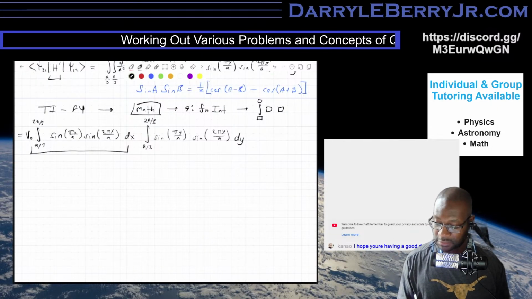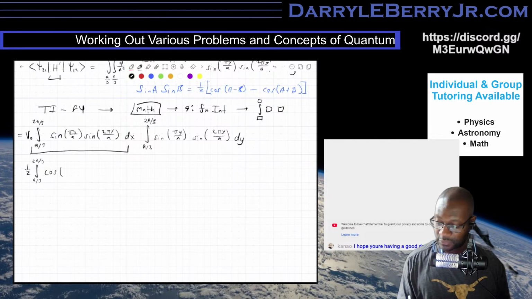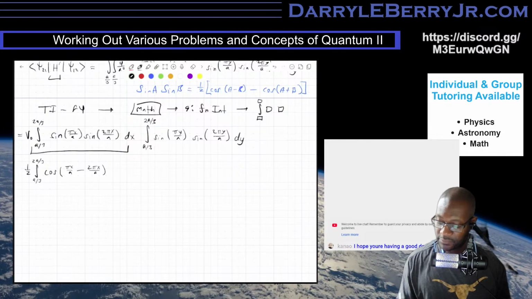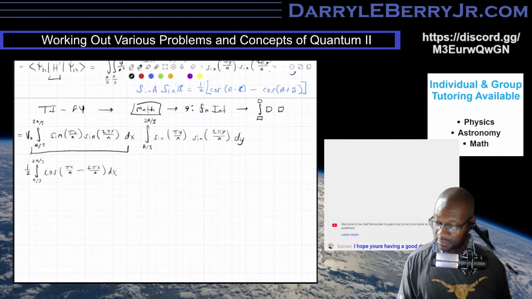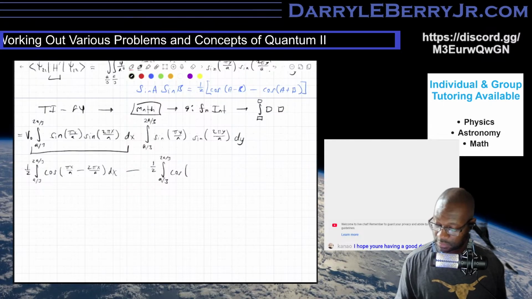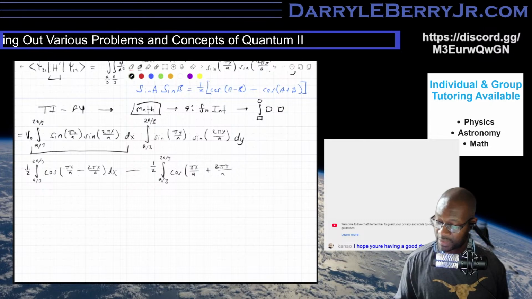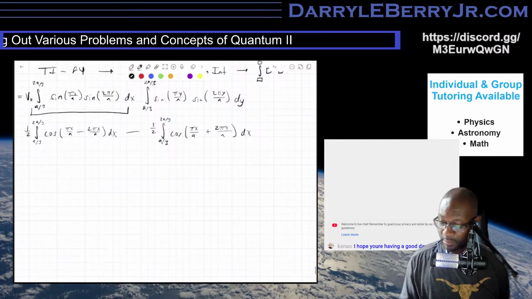So we would have integral a over 3 to a over 3, 1/2 cosine pi x over a minus 2 pi x over a dx, minus 1/2 a over 3 to a over 3 cosine pi x over a plus 2 pi x over a. Doing just the x one, because it's the same integral.